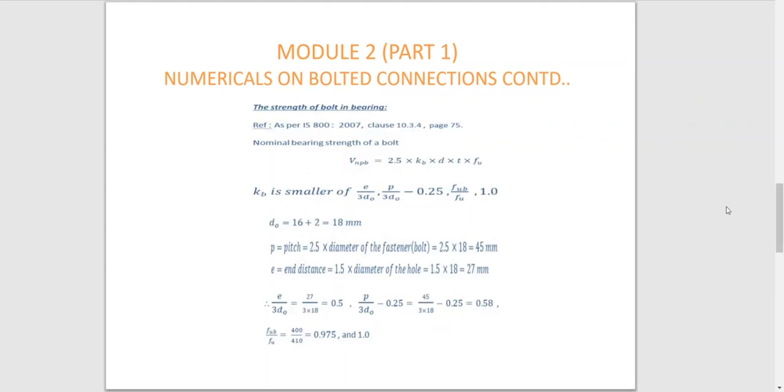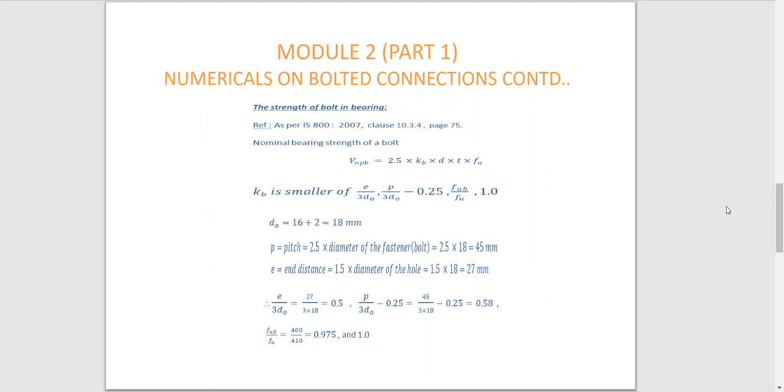Then the next step is to calculate the strength of bolt in bearing. Again, we go to page number 75, clause number 10.3.4 of IS 800-2007. The nominal bearing strength of a bolt is given by Vnpb is equal to 2.5 into kb into d into t into fu.